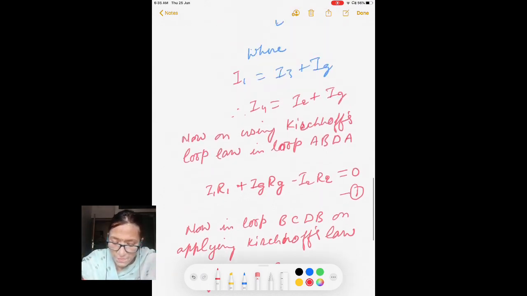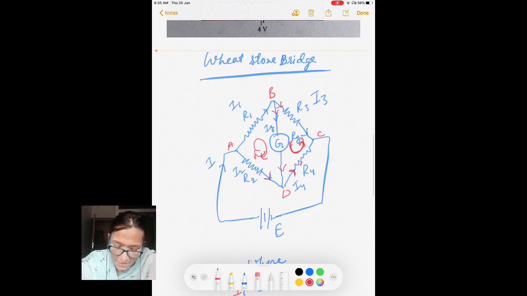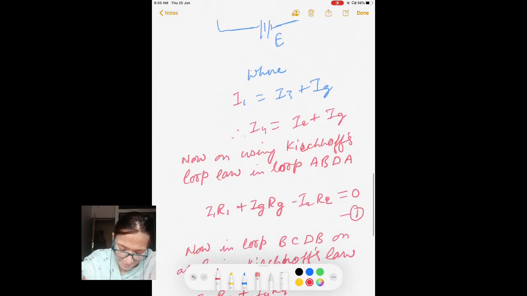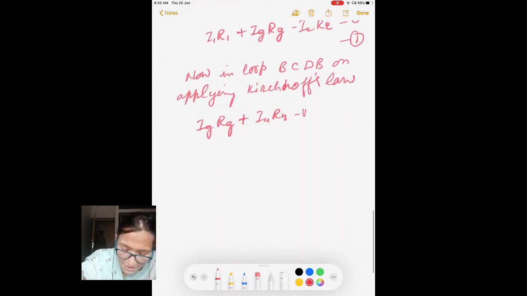But when you find the direction of flow of current and the direction I have selected, they are countering each other. So here you should write minus R3 I3, minus R3 I3 is equal to 0.